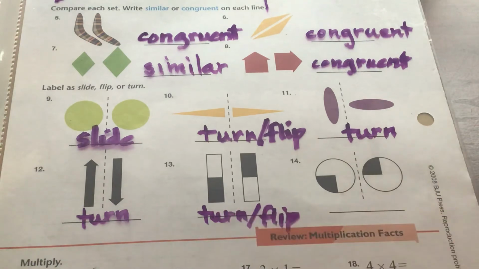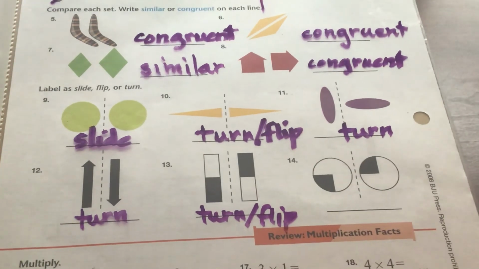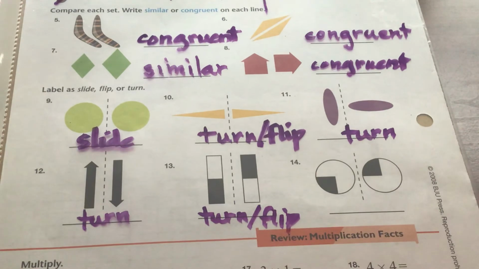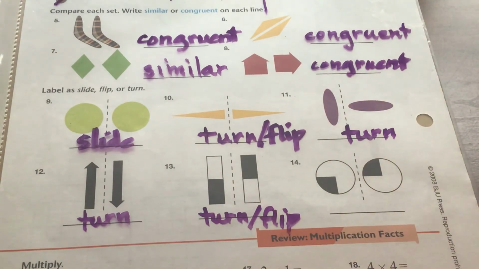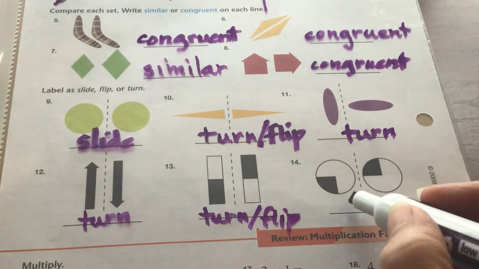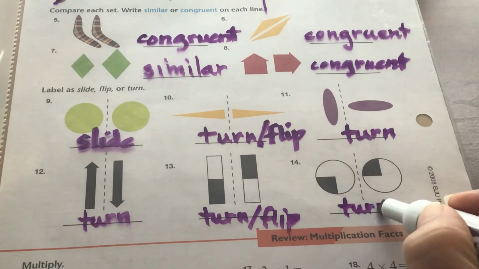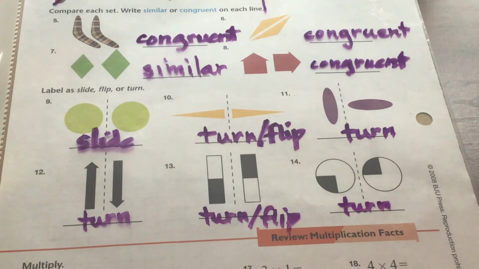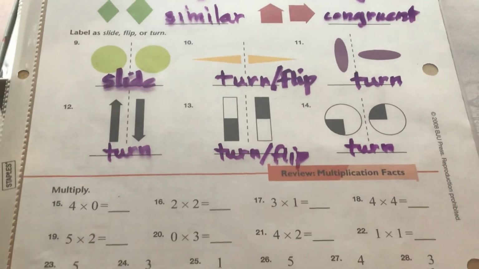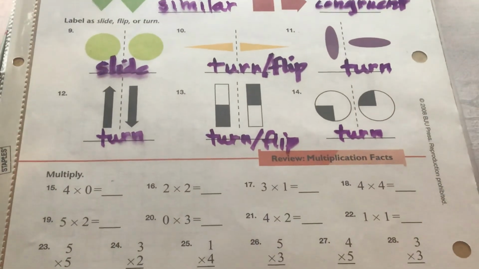I don't know. It's definitely a turn. But again, because it's not very clear on the worksheet, I would accept either one. And number 14, what happens here in the last one? Yeah, that one's definitely just a turn. All right. Maybe a little more confusing just because they didn't use dots there, but a lot of turns.